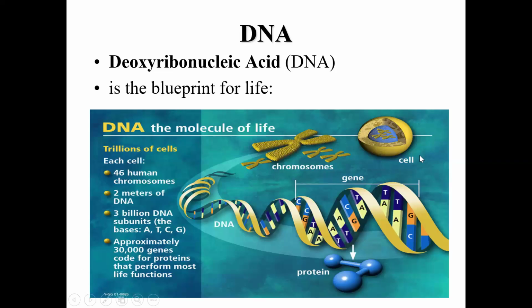If we look at this diagram, it shows a cell, and in the cell we have the nucleus. In the nucleus of each cell, there is genetic material, which is the DNA. Inside this DNA, we have what we call the chromosomes.